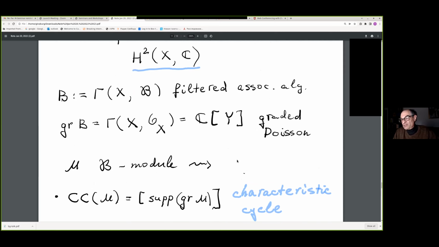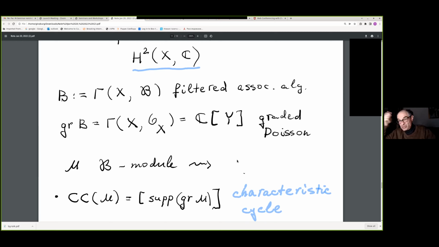If you know the D-module setting, this is the setting of Beilinson-Bernstein, where we start with a D-module and then construct a representation of the algebra we're interested in. So this is exactly the same procedure. We go from a sheaf of modules to the global sections, which is a module over our concrete nice algebra.